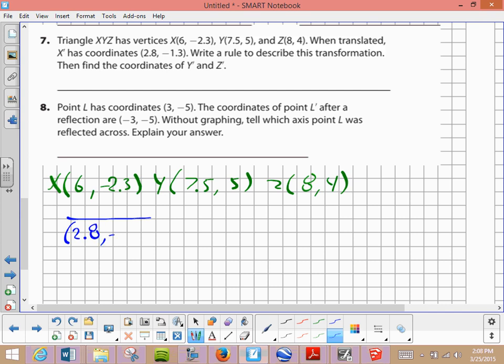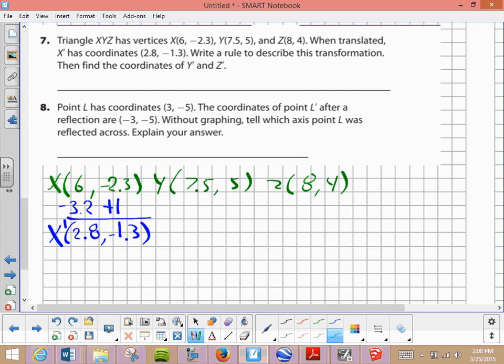Hang on. You end up with that, right? Those are the new coordinates, X prime. They're asking you what happened in the middle, which is the rule, right? What do you have to do to get 2.8? Subtract 3.2, right? And to get this one, you add 1.